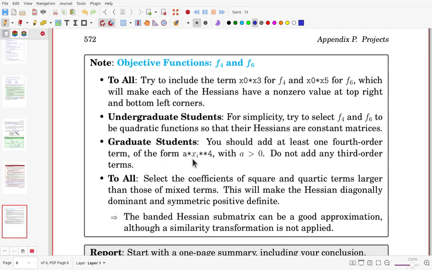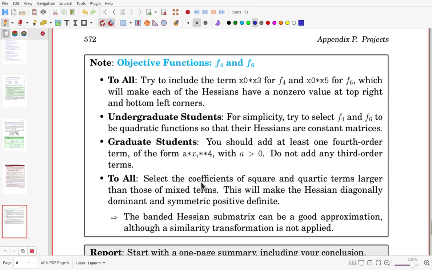The second order terms will be some xi squared or xi xj multiplication. Either way, you add those terms so that the problem will be simpler, and it also guarantees the existence of a local minimum. For all of you, I want to say this.